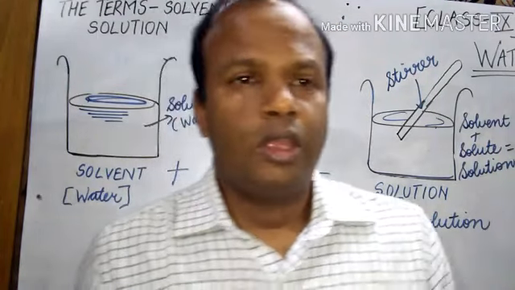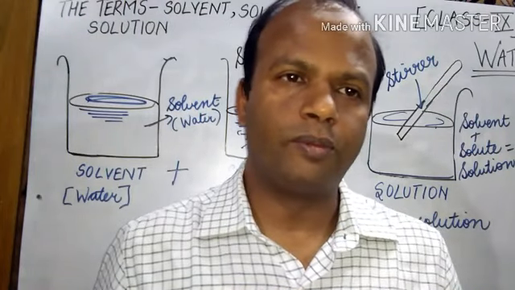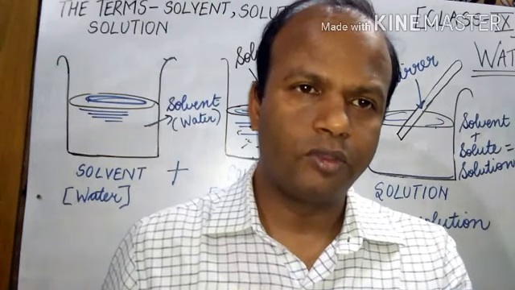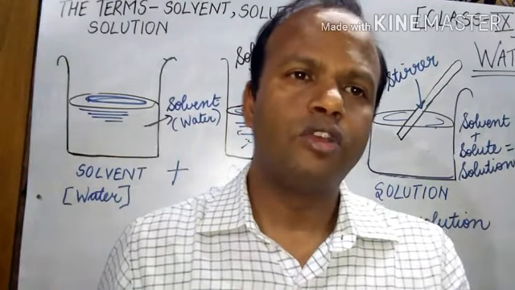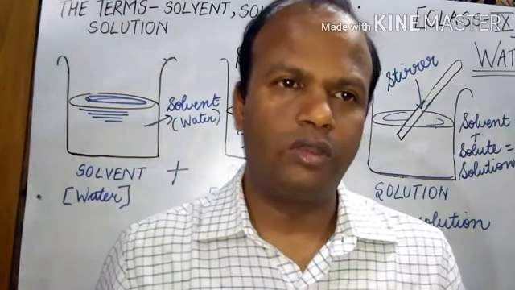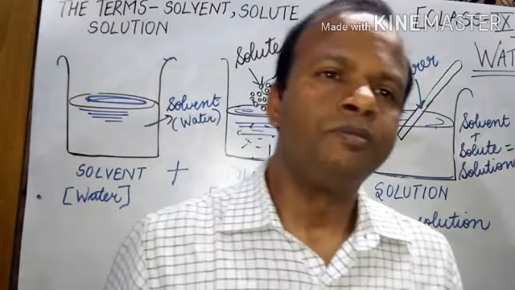So in this also we have to take into account that property of dissolution. So that solid substance which is mixed in the medium, that is the solute, and the medium in which it is mixed, that is the solvent, and together solute plus solvent, they are known as solution.